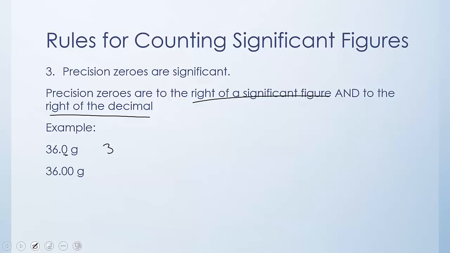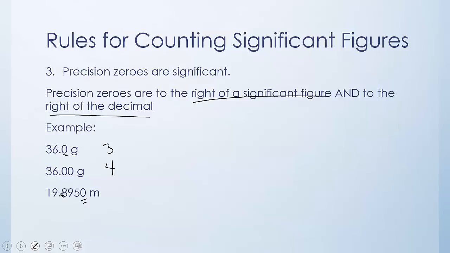Next, 36.00 grams. Notice this measurement's even more precise than the one before it. So here we have 4 significant digits in that we have 2 significant digits to the right of the decimal place, 2 significant precision zeros. Lastly, 19.8950 meters. Every time we add a 0 out here to the right of this decimal place and to the right of a sig fig, it counts.